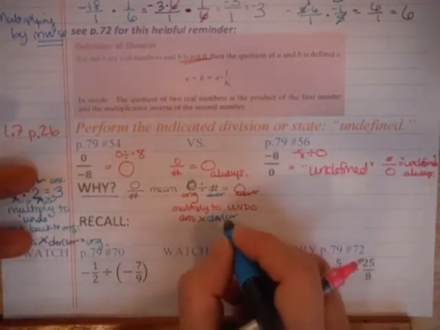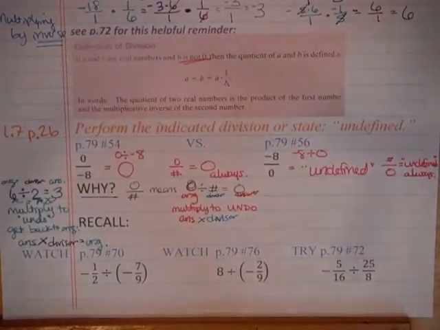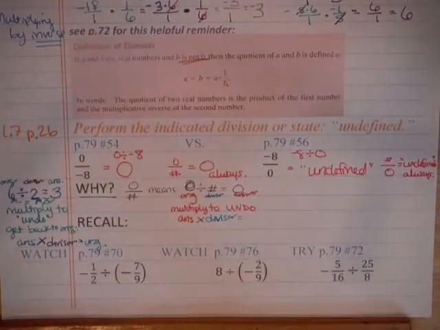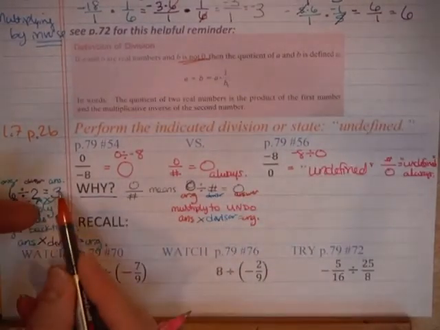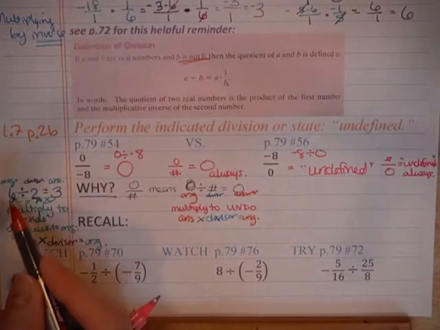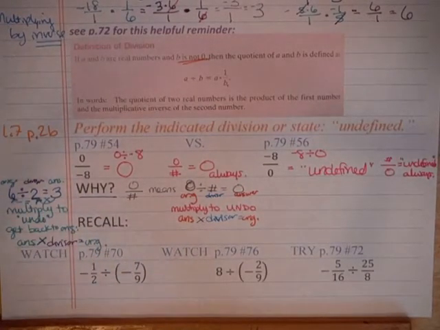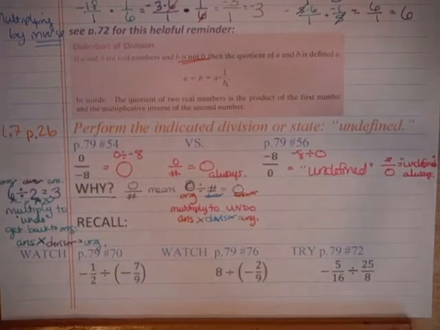The quotient times the divisor should be equal back to our original. 6 divided by 2 is 3. 3 times 2 gets us 6, which brings us back around to where we started from.